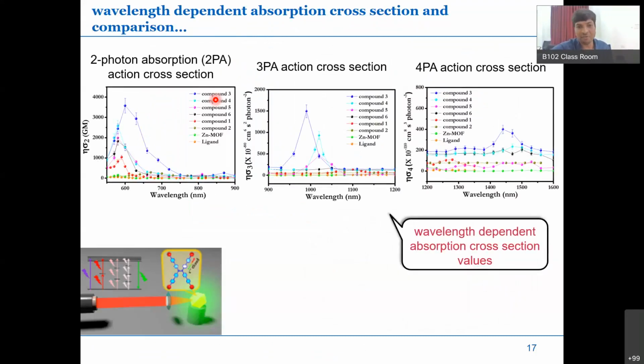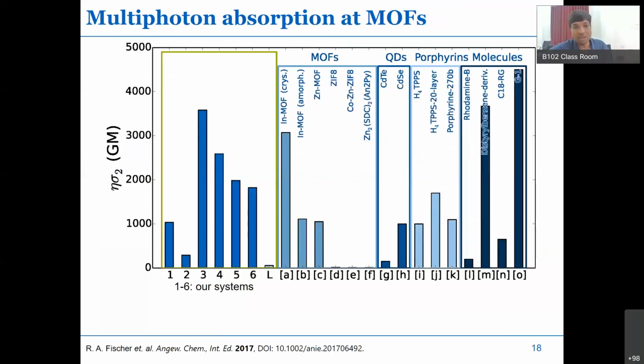Of course, we did measure the different wavelength dependent absorption cross sections, which show up to 2-photon, 3-photon and 4-photon absorption cross sections, and all three values are the highest in the literature, especially in solid state materials. We also compared these values with the literature.